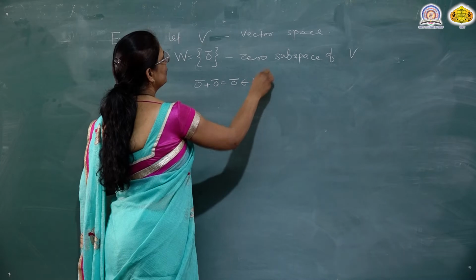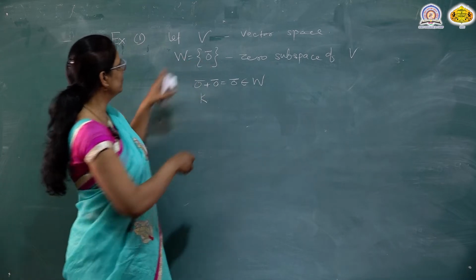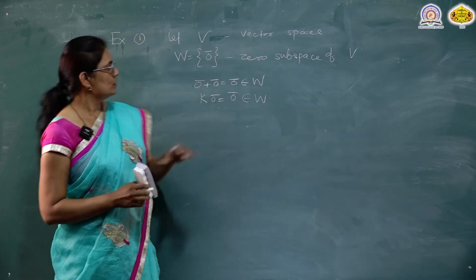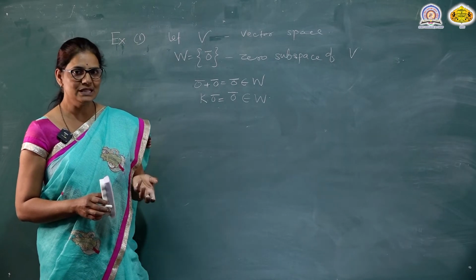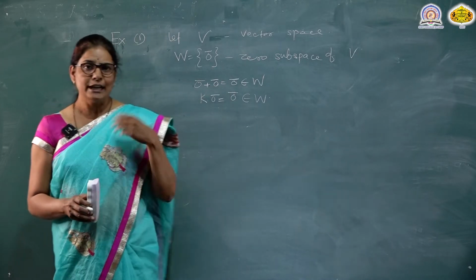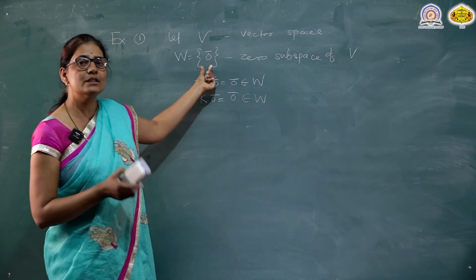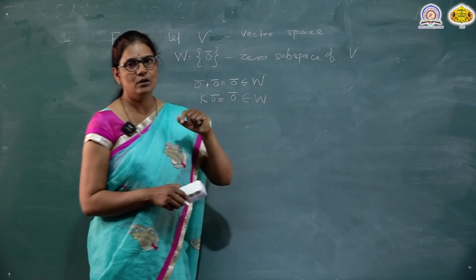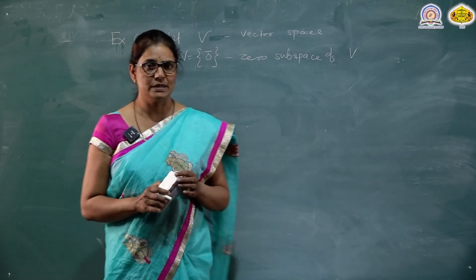So W is closed for addition, and if I take any scalar and multiply it with the element of W, that is 0 bar, the answer is again 0 bar, which is again in W. So W is closed for addition and closed for scalar multiplication, so it is a subspace, and it is called the 0 subspace of V. For any vector space, a set containing its 0 element is always a subspace of that vector space. This is one of the simplest examples of a subspace.